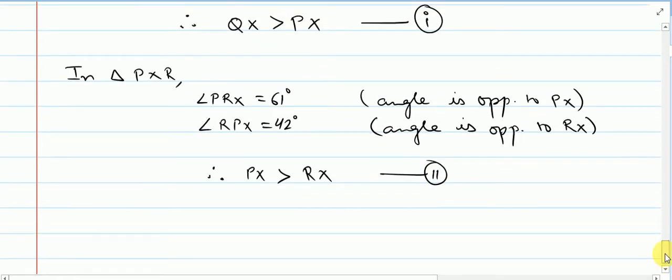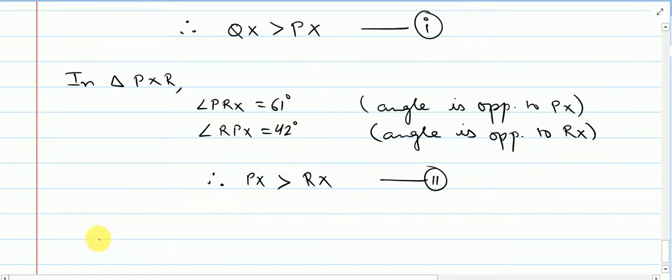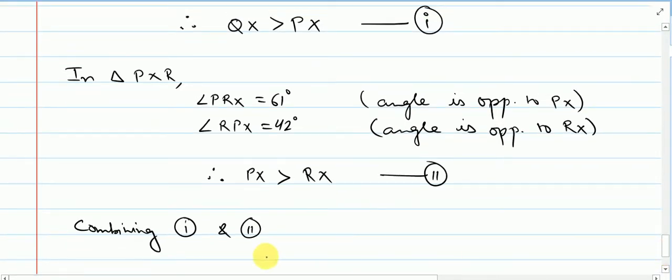So combining these two, 1 and 2, we will have, like here you can see PX is common in both. So what I'll do, I'll just write PX in the middle. Then from 1 what I'm getting is that PX is less than QX, so I can write like this. And from 2 what I'm getting is that PX is greater than RX, so I can write like this.